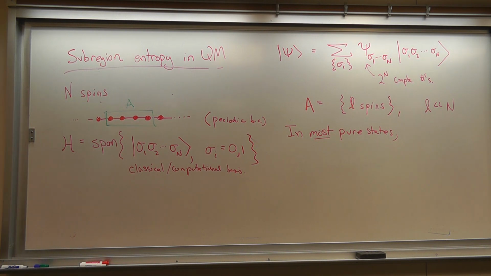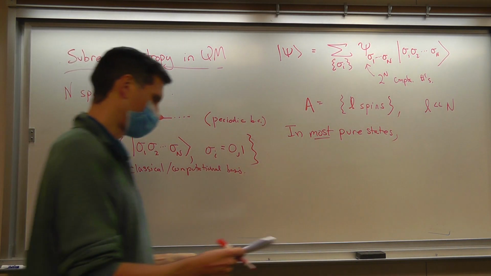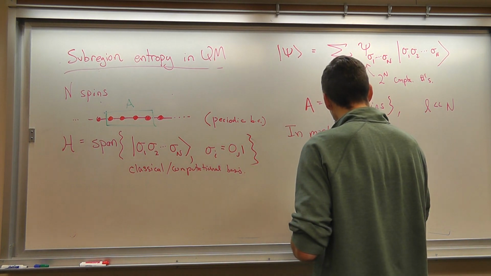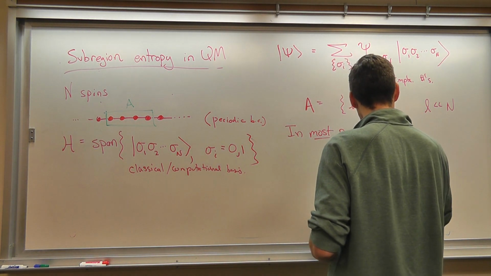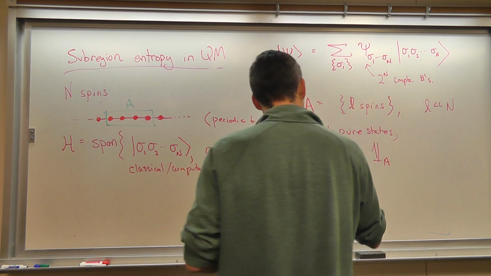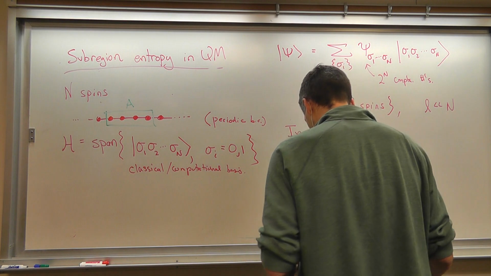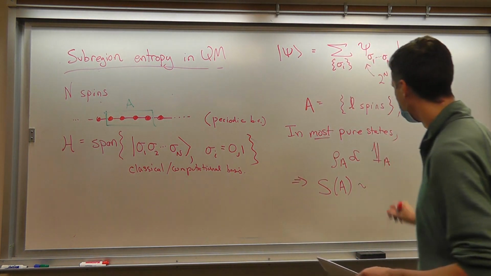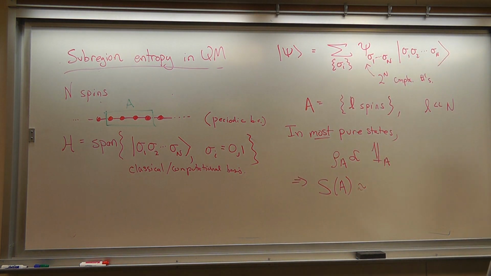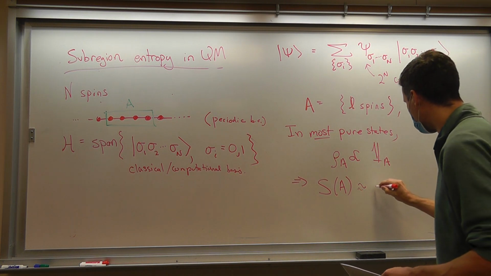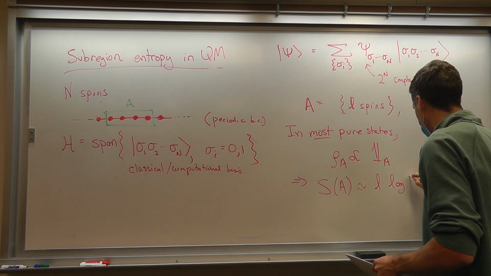Okay, so that's like if you took the air in this room and you just took a little bit of it, then that little bit would be in a maximally mixed state because it's entangled with everything else. So in most pure states, rho A is proportional to the identity on A, and that means that the entropy of A, we expect in most states, is very close to L log 2.